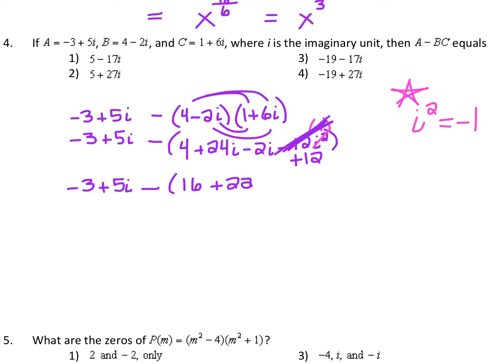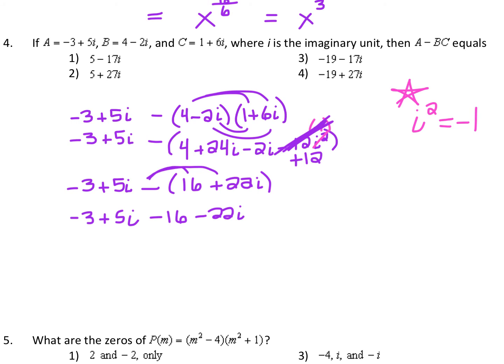Okay, now I'm finally going to get rid of these parentheses. What I'm going to do is, after I bring down the negative 3 plus 5i, I'm going to distribute the negative. So negative times 16 is negative 16, or minus 16. And a negative times a positive 22i would be negative 22i.